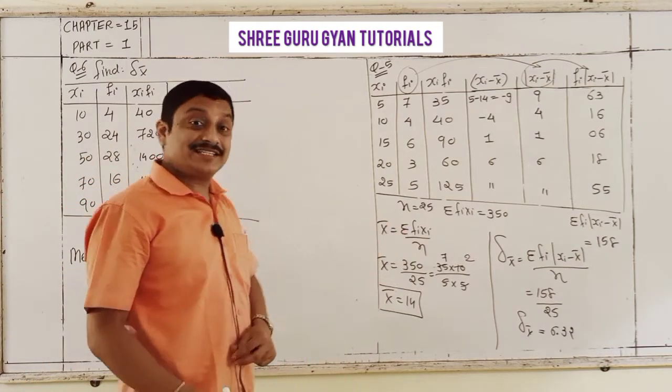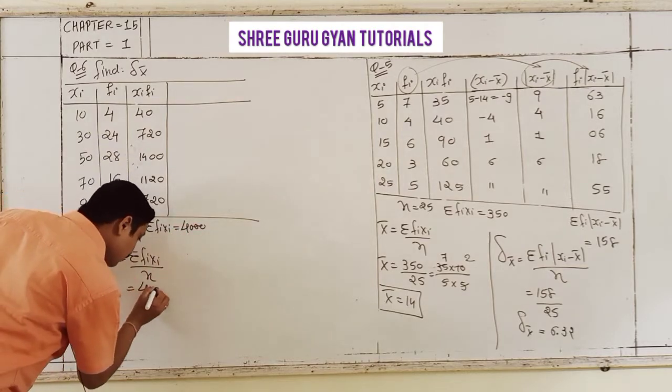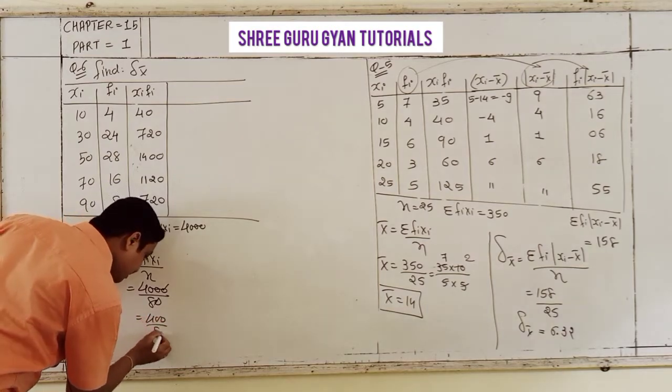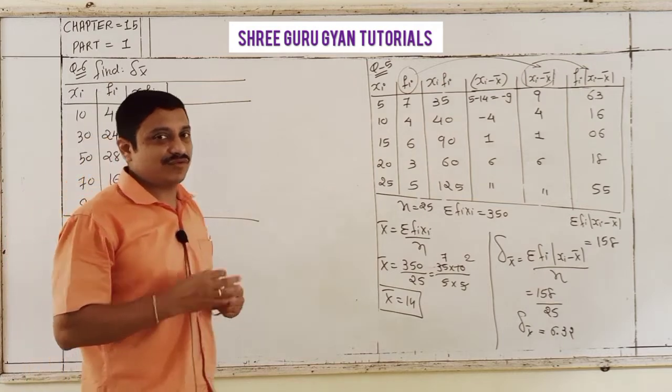Yes, the total addition is 4000, and the mean applies 4000 by 80; that cancels to 400 by 8, 8 5s are 40, so my mean is clearly 50.